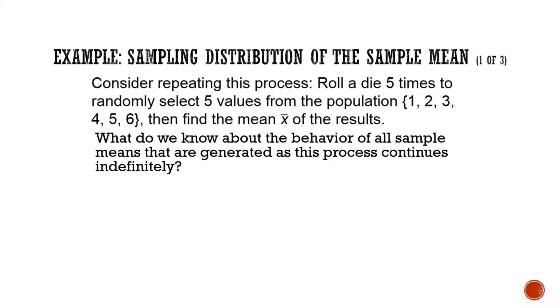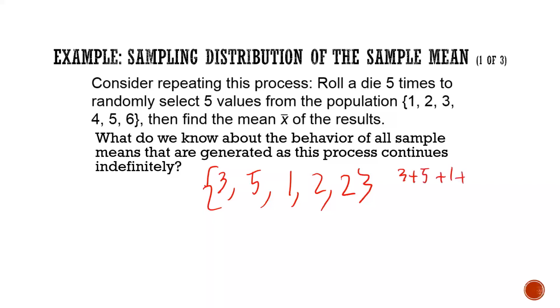So let's say I roll the dice 5 times. I get a 3, a 5, a 1, a 2, a 2 again. Add these together, 3 plus 5 plus 1 plus 2 plus 2, that gives me a total of 13. Divide that by 5, I get 2.6.